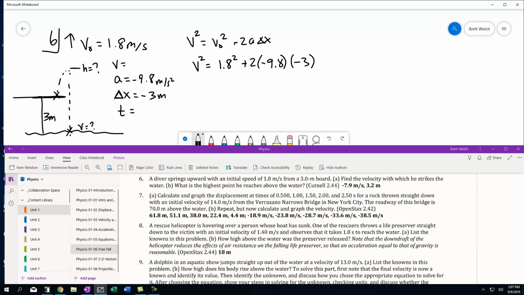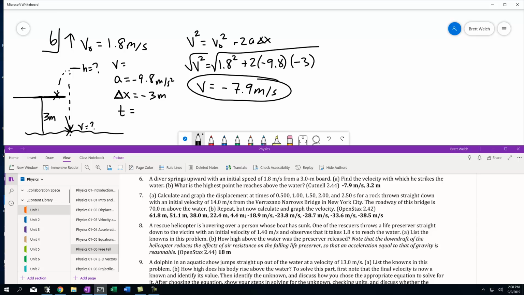If I put all of that in the calculator and take a square root, the calculator is going to give me a number of 7.9 meters per second, roughly. But I know that that number should be negative, specifically because I am headed down into the water. Now, if I'm asking about their speed, it's 7.9 meters per second. If I'm asking for velocity, I really need to include direction. And so we're going to use that negative to imply that the diver is moving down through the air.